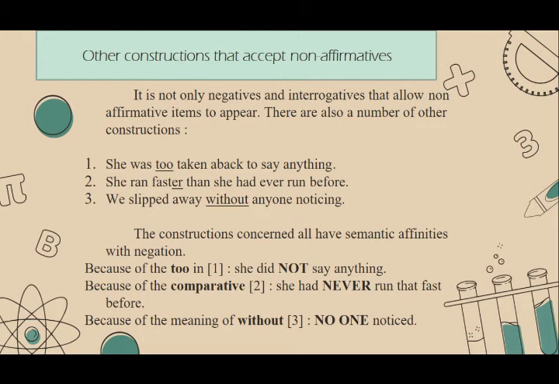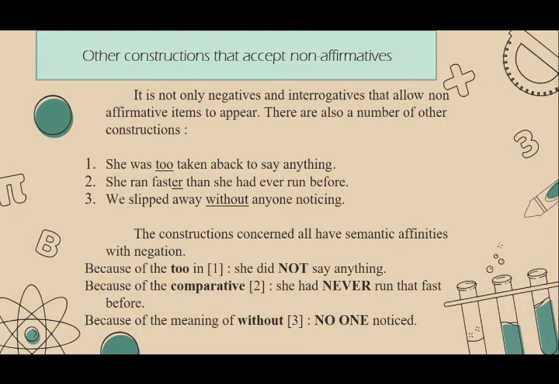It has semantic fitness with negation because of the too here, which shows that she didn't say anything. She ran faster than she had ever run before. It has semantic fitness with negation because of the comparative faster. It means that she had never run that fast before.